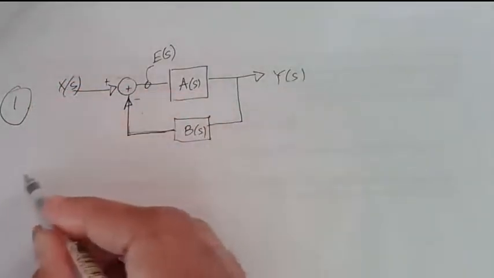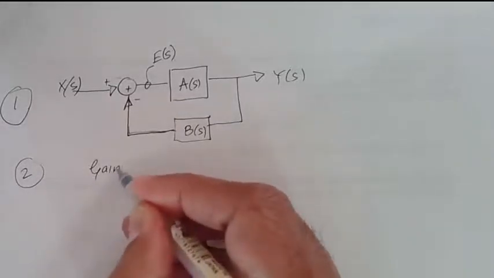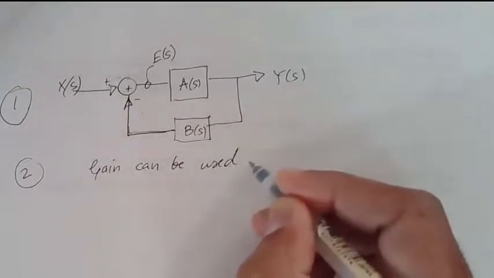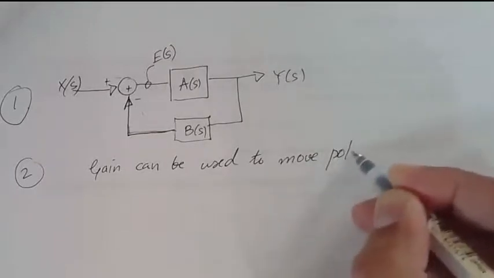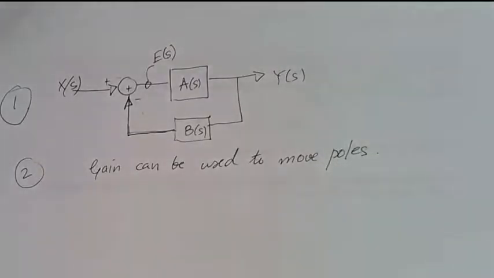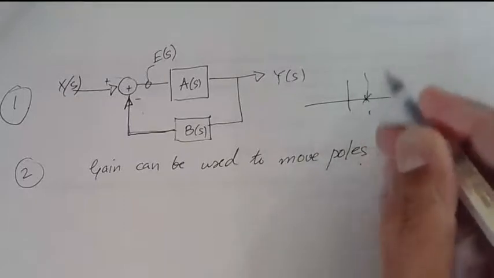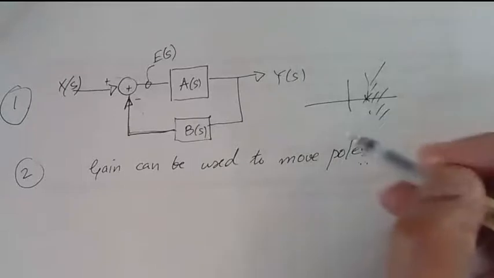The second thing is you can use the gain to move poles around. Gain can be used, right? And because we can use it to move poles, if the pole is in the right half plane and we have a causal system, so if I have a pole sitting over here and if I have a causal system, then the region of convergence doesn't include the j omega axis.